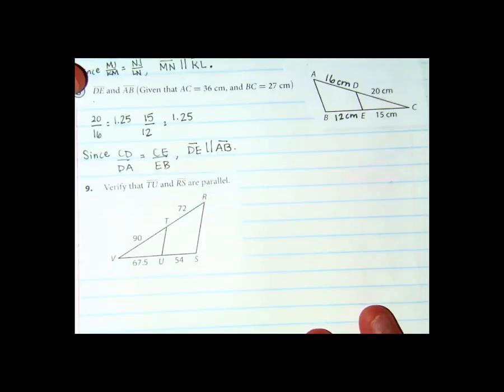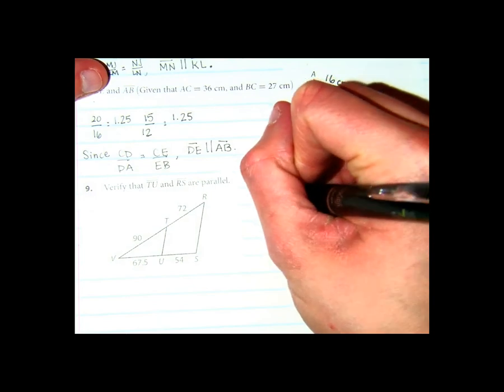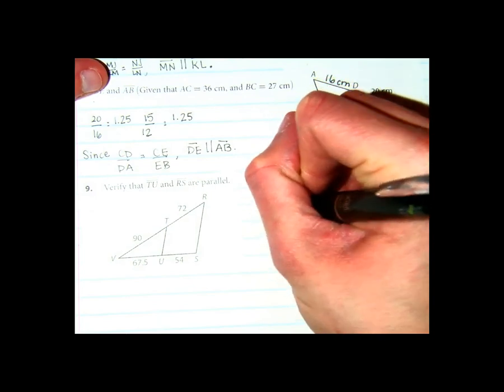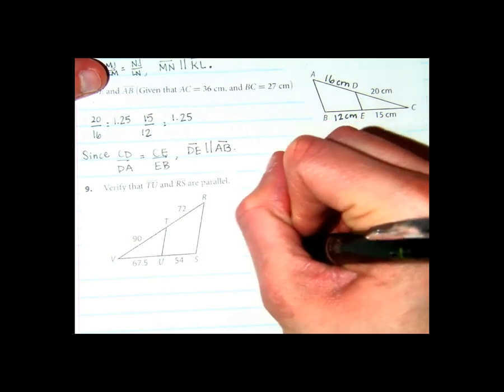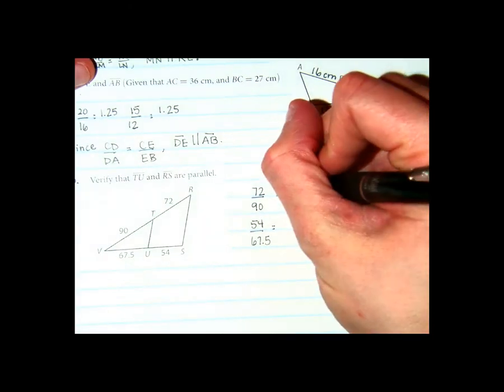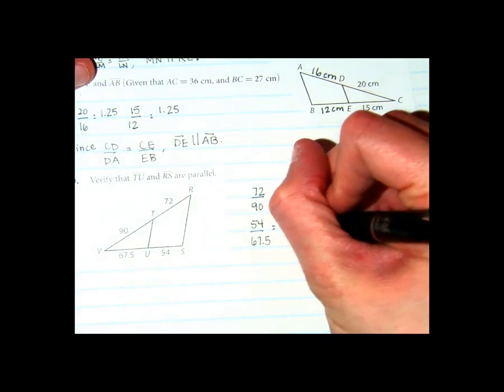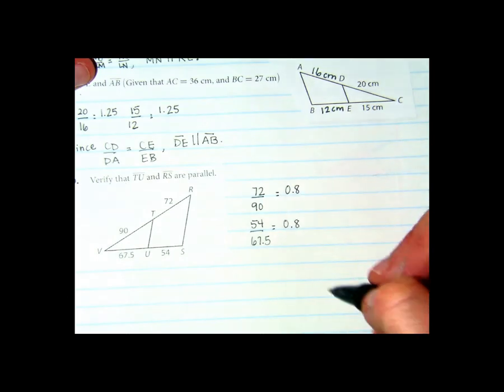Okay. Number 9, very similar. What'd you guys set up? Okay, we'll do it that way this time. What'd you get when you simplified your numbers? If you did it the other way around, you got a different number, but they were still the same proportion.